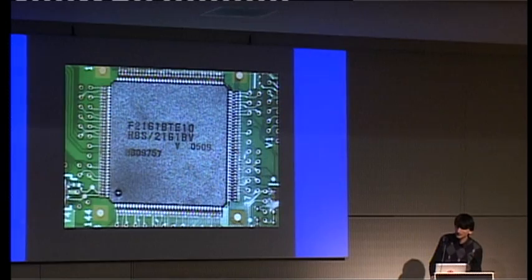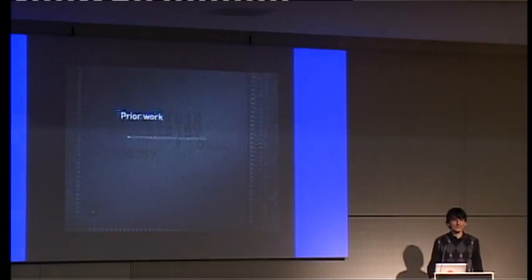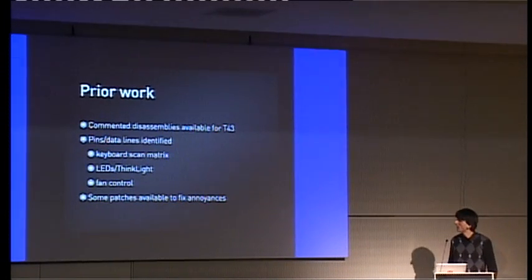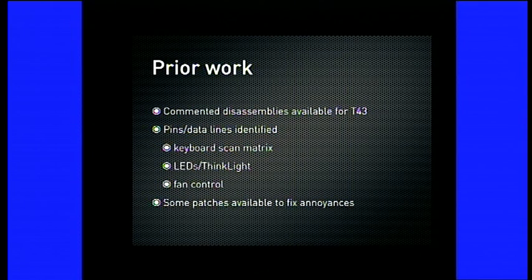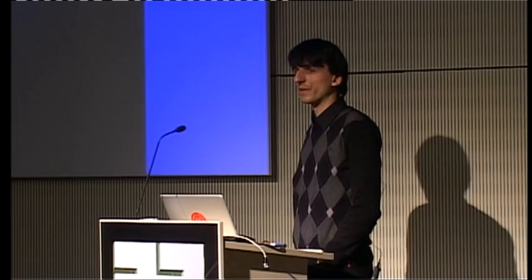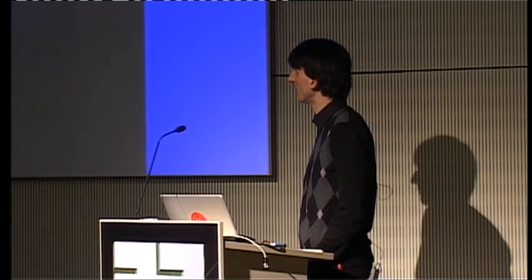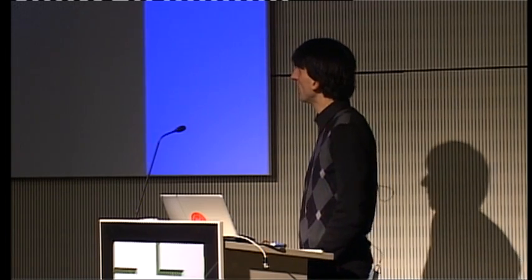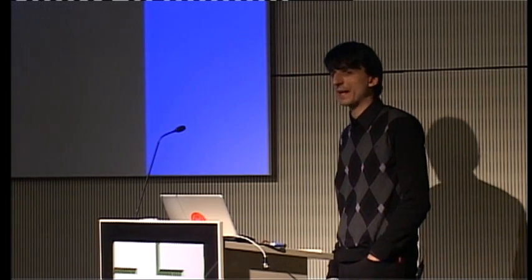The prior work is really advanced. When I first saw this, I was like, wow, somebody really put work into this. There are commented disassemblies available for the T43 that are source equivalent, so you can compile them. Somebody went to the effort of documenting which pins and which data lines are responsible for the keyboard scan matrix, for the think light, for the LEDs, and for the fan control. And there are people who have patched some of the annoyances.